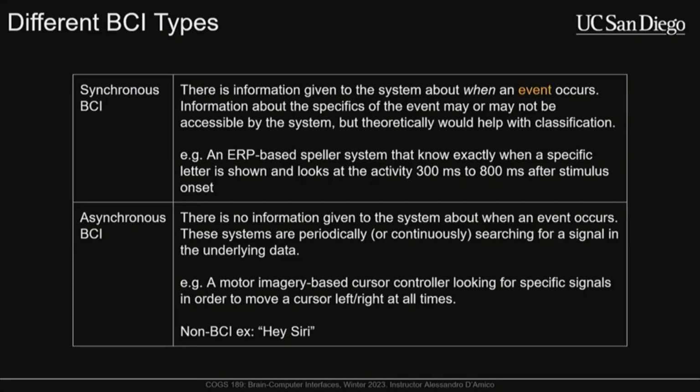So in this case, if we're looking at event-related potentials, let's say we're looking for the P300, which I'll talk about later, we would expect to see some sort of activity between 300 and 800 milliseconds after a task-relevant event occurs. So this could be, if you're doing a speller, seeing your target letter flash up on the screen.